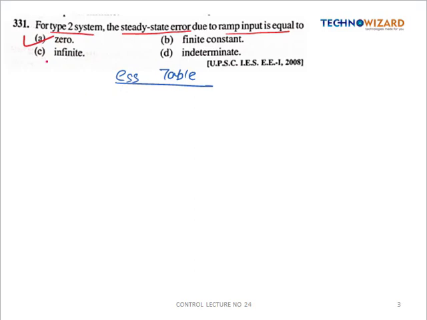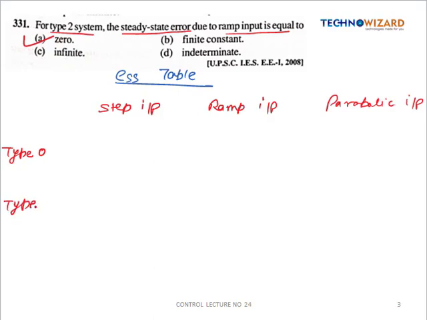First of all, the steady state error depends on the type of input. We apply either the step input, the ramp input or the parabolic input. It also depends on the type of the system. The type of the system can be type 0, type 1, type 2 or beyond type 2, but for those the steady state error remains 0.